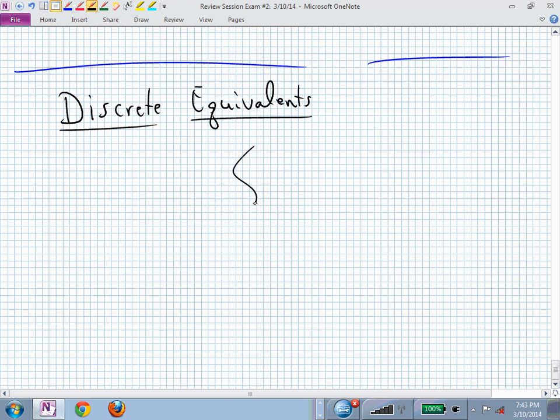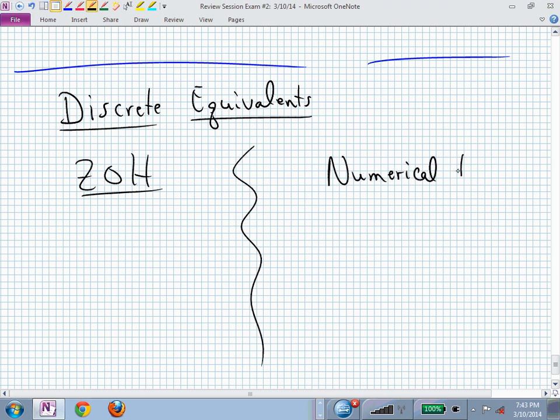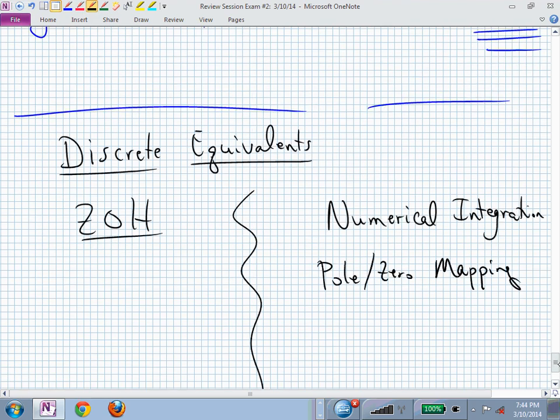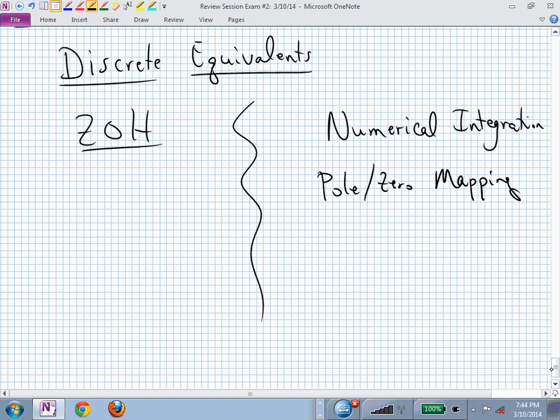We really have two different pieces. We have the zero order hold type of discrete equivalence, and we have discrete equivalence based on numerical integration and pole zero mapping. Those are really the divisions of discrete equivalence: do I have a zero order hold or do I have something else?